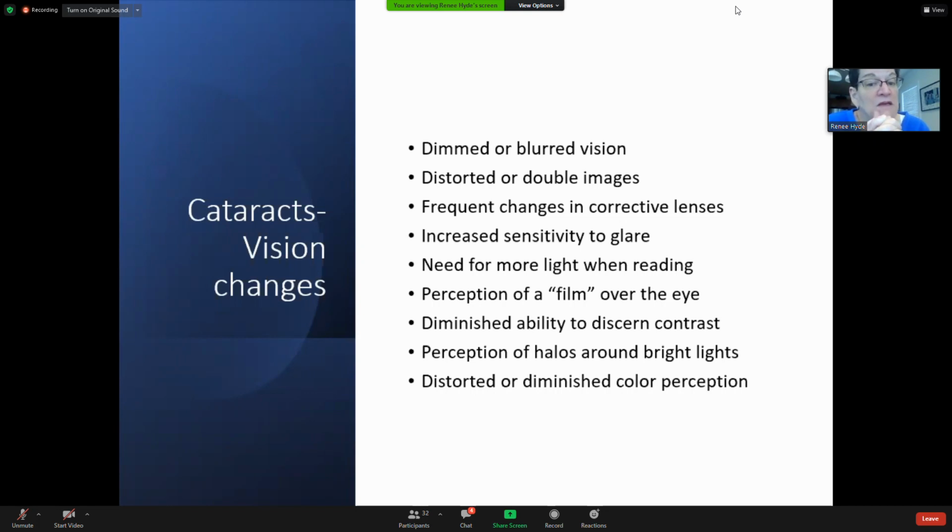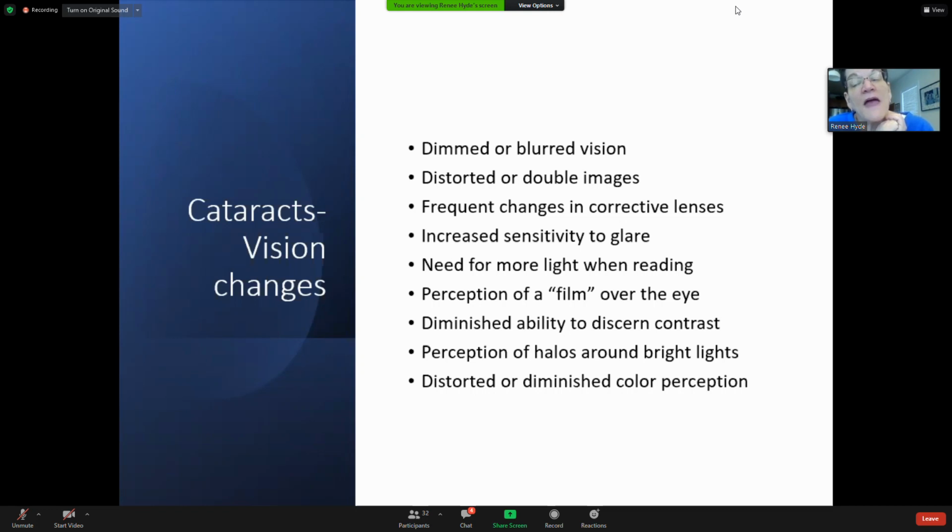They typically need more light when reading. They cannot see well in low light situations. A lot of times patients will describe it like someone has put Vaseline over my glasses. There's a film over my eye. I can't see through it.